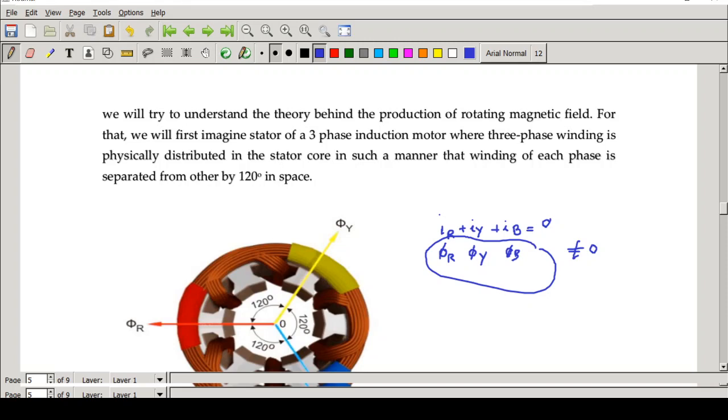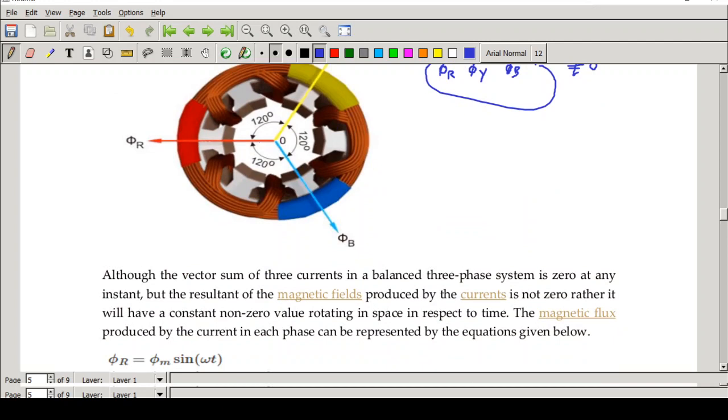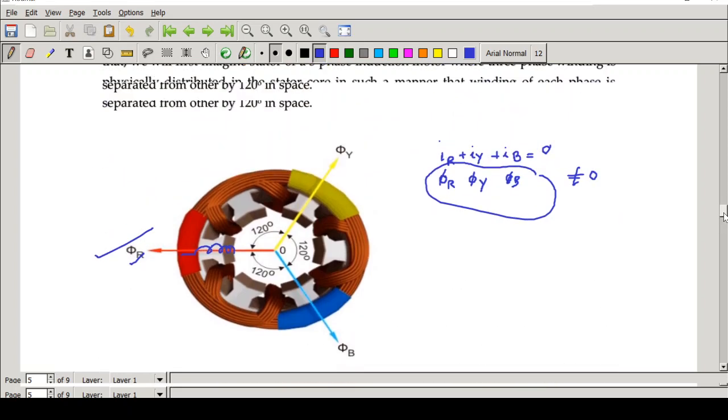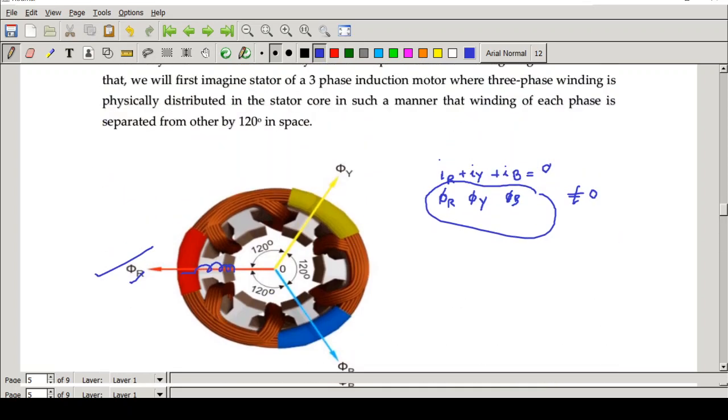Now you can see the arrangement. This is the flux which is created. Here there is a winding. This is the red phase and the flux created is phi R. And you can see here the yellow phase. Here also we are keeping a winding. And the flux produced in the Y phase, we take it as phi Y. You can see the angle here is 120 degrees.